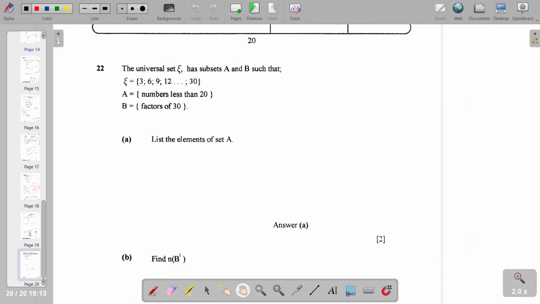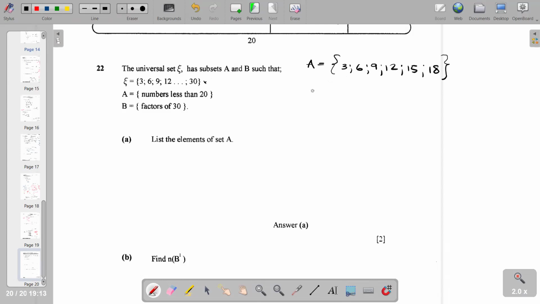So we can list the elements of A. It means the elements of A are numbers less than 20, but you have to know they must be accommodated in this mother set. So it's going to be 3, 6, 9, 12, 15, 18.